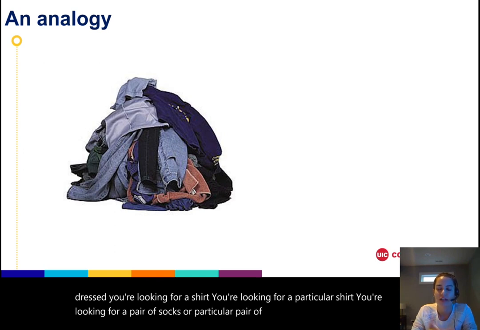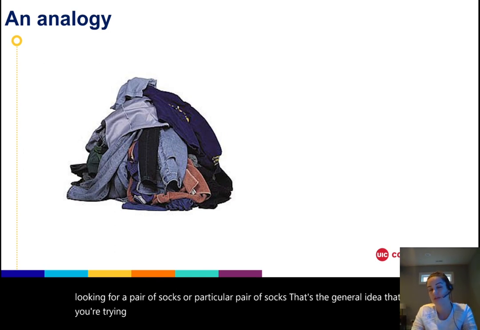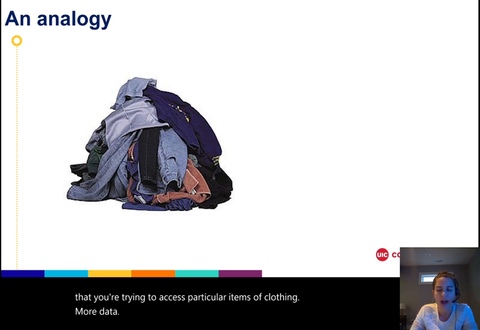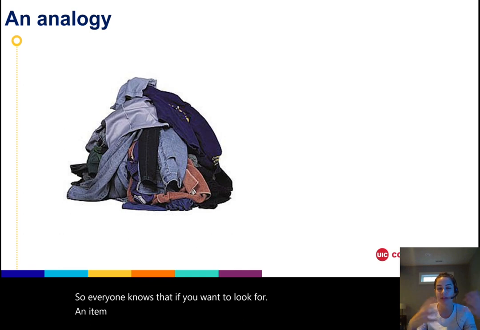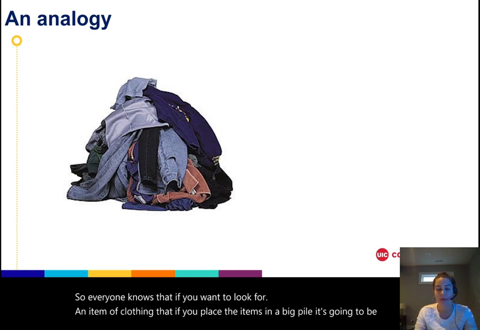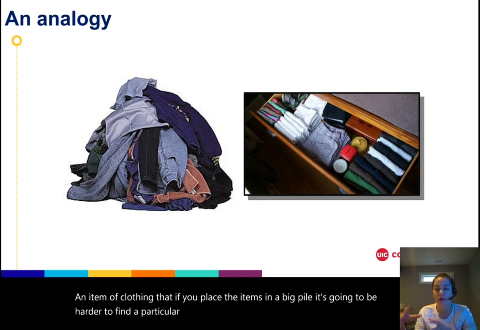That's the general idea, that you're trying to access particular items of clothing, or data. Everyone knows that if you place the items in a big pile, it's going to be harder to find a particular item than if you organize the clothes in some useful way.